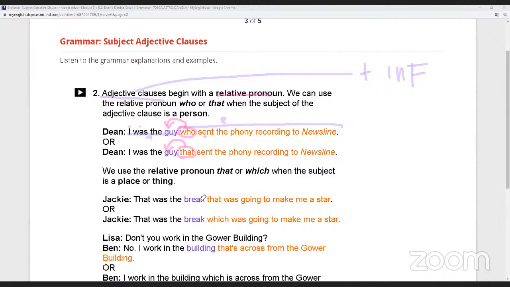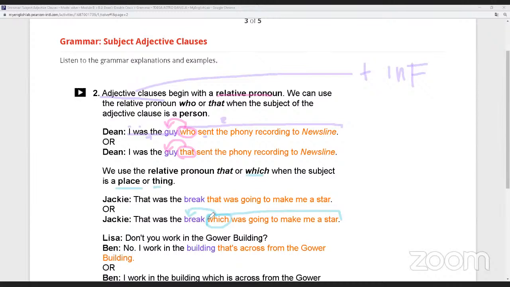All right. The second relative pronoun is which. As you can see, I have my adjective clause. All right. So I'm going to start my adjective clause with a relative pronoun. The relative pronoun is working on the break. We're going to use which to talk about a place or a thing, when the subject of my adjective clause is a place or a thing.